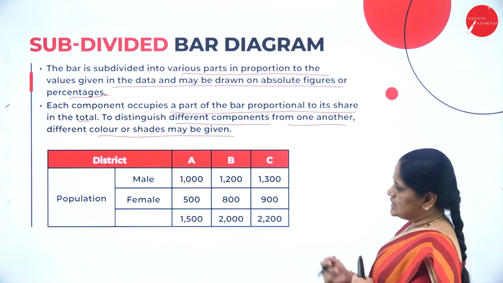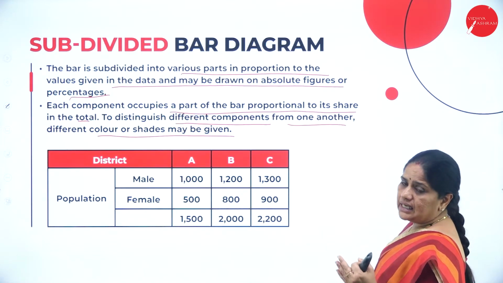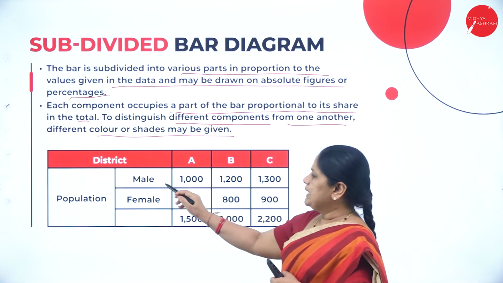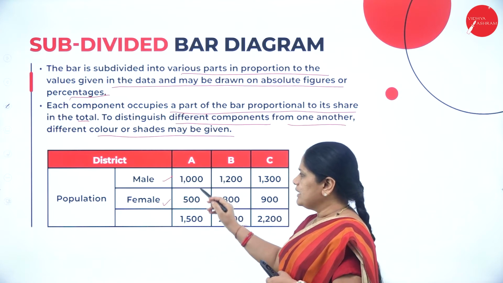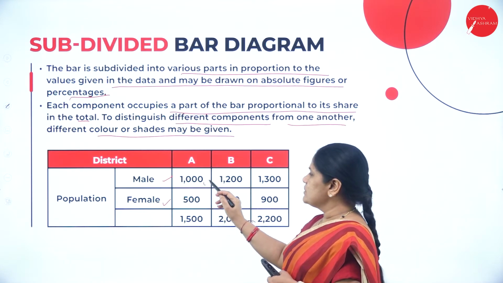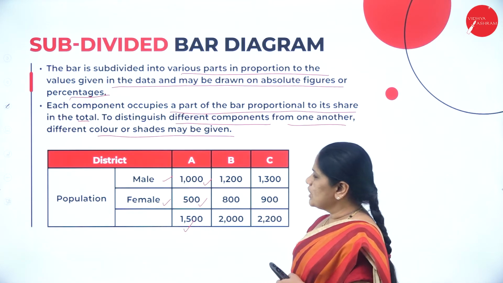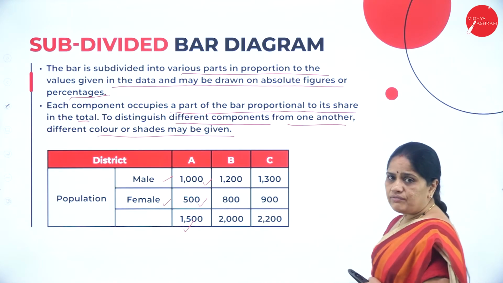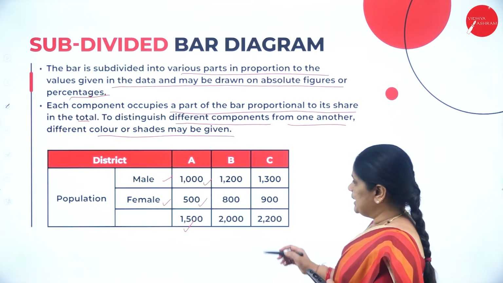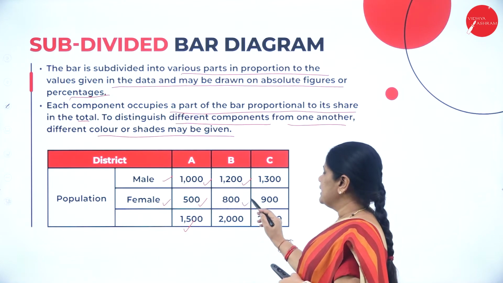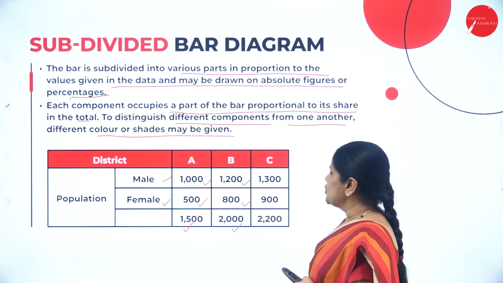Now, we have districts A, B, C. There are 3 districts for comparison, and they have subdivided the population into male and female. In district A, we have 1,000 males, 500 females. So, the total population of district A is 1,500. Now, in district B, the male population is 1,200. The female is 800. Total is 2,000.